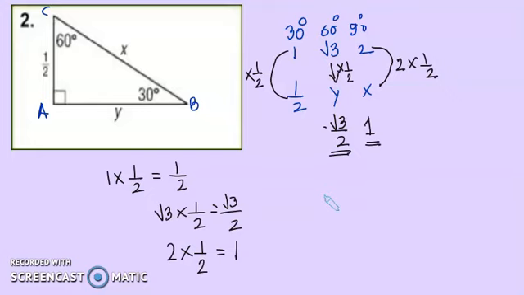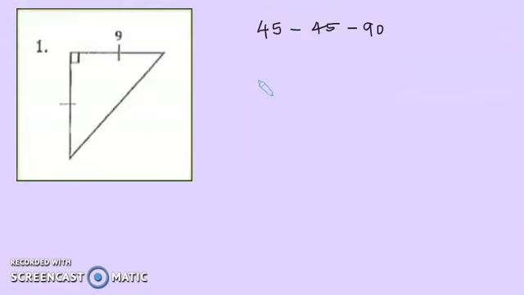Now let us consider a few examples from the 45, 45, 90 triangle. As you can see in this diagram, one side is 9 and these two sides are equal, so this will also be 9. Now we learnt in our properties that the ratio of the sides in a 45, 45, 90 triangle is 1 is to 1 is to root 2.